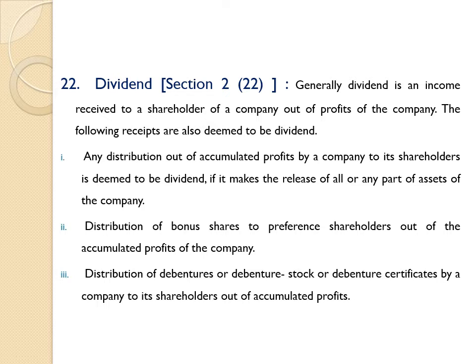Any distribution out of accumulated profits by a company to its shareholders is deemed to be dividend if it involves the release of all or any part of the assets of the company. Hence, any distribution from accumulated profits to shareholders is deemed to be dividend.